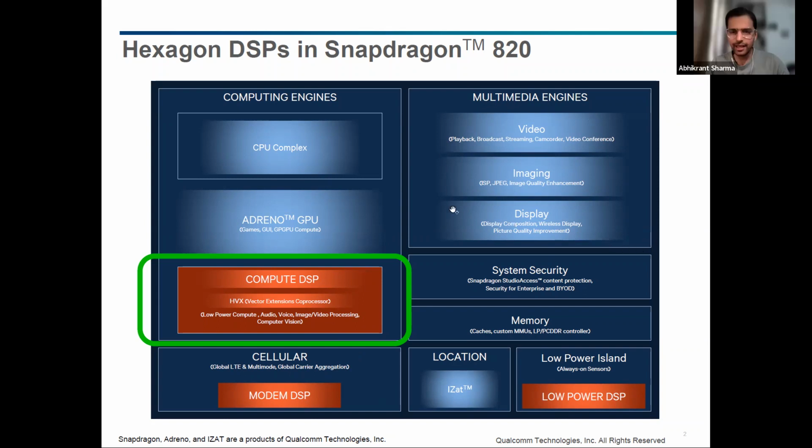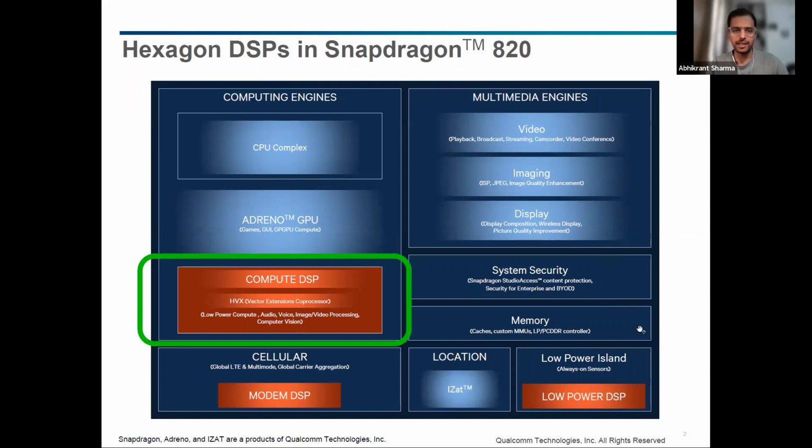So apart from the dedicated hardware multimedia engines, there are some security layers in the hardware, which basically try to restrict the access control of a particular top level or high level application to the low level hardware. And apart from that, we obviously have the caches, the memory management units, and the DDR, which is basically your RAM memory.